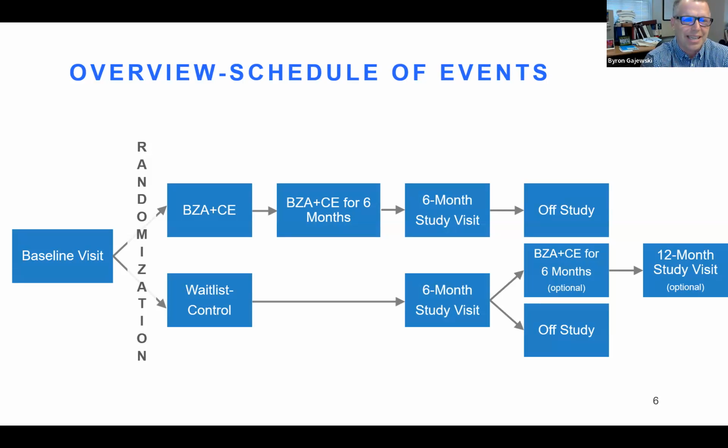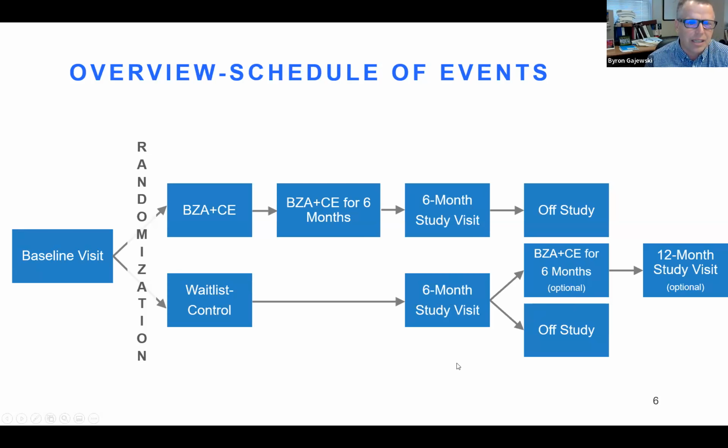The BZA plus CE group takes the medication for 6 months, and they have a 6-month visit. And they become off study, but the waitlist control actually get the medication after that. And this is optional for the participants. And this whole part after the 6 months is optional in terms of the study visits and stuff.